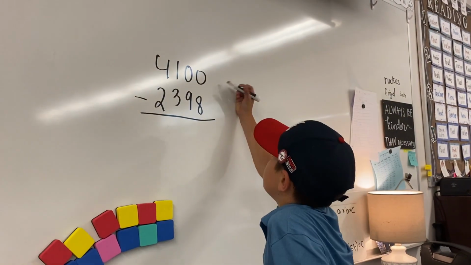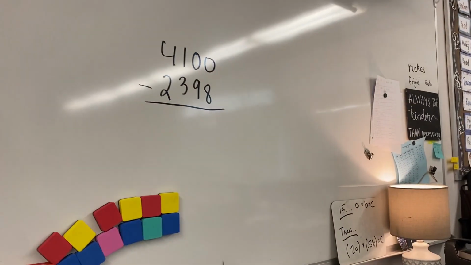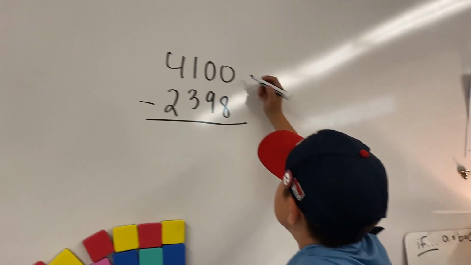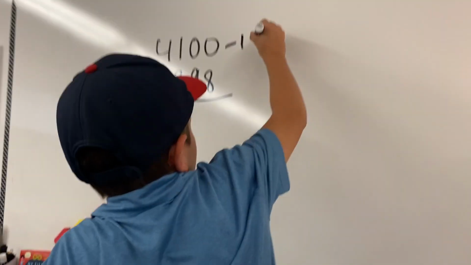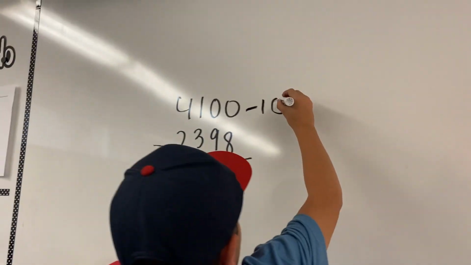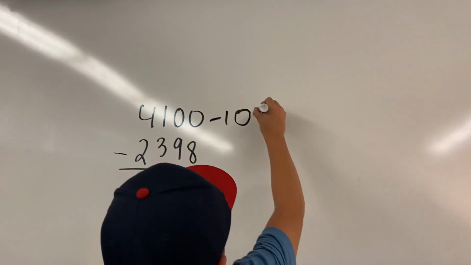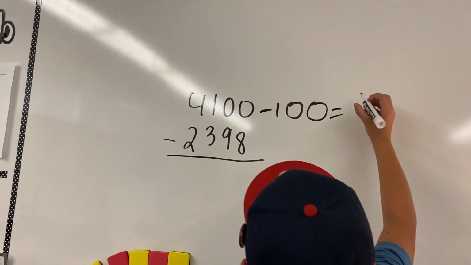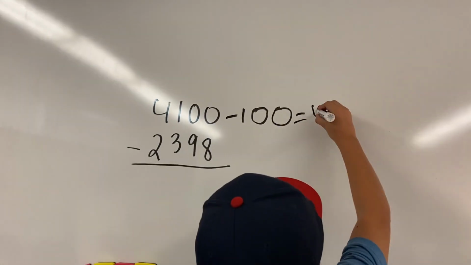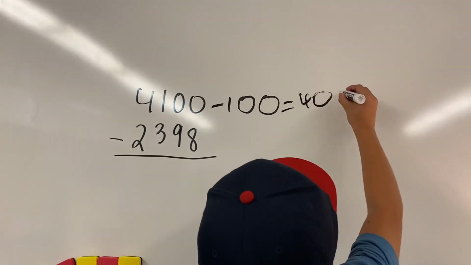So, first thing I said is I don't like this problem, so I'm going to subtract 100 from this. And then that equals just plain 4,000.